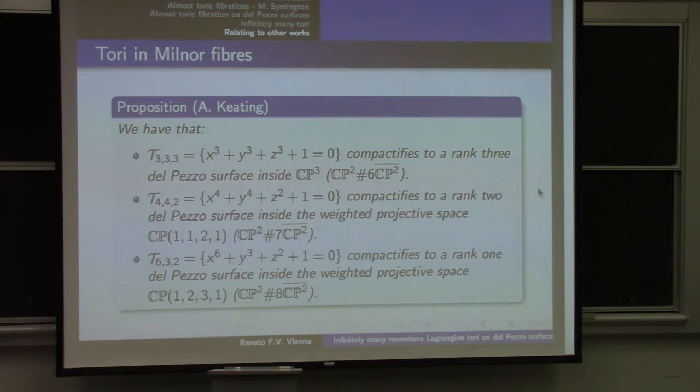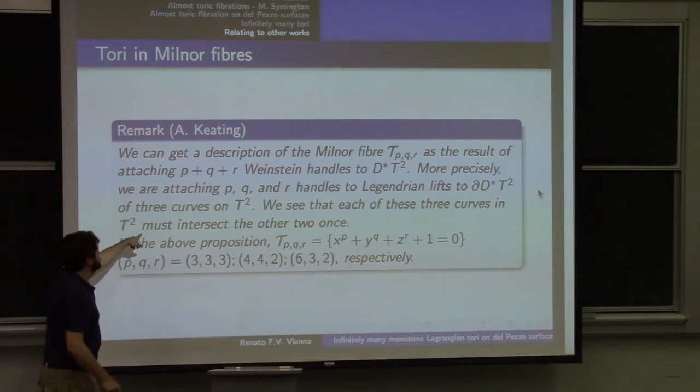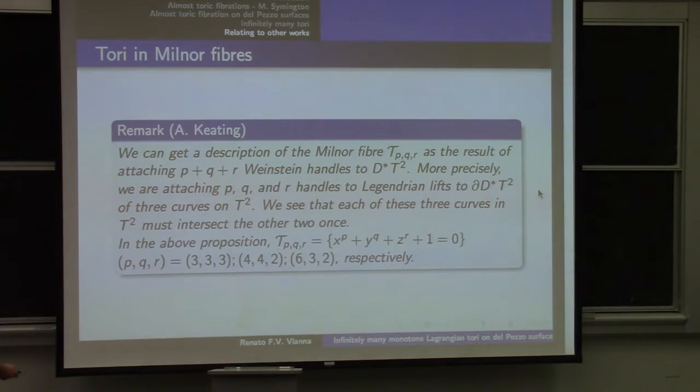And she also wrote there that each one of these TPQR monofibers can be obtained by some Weinstein handle attachments on the cotangent disk bundle of the torus, such that the curves intersect themselves once.